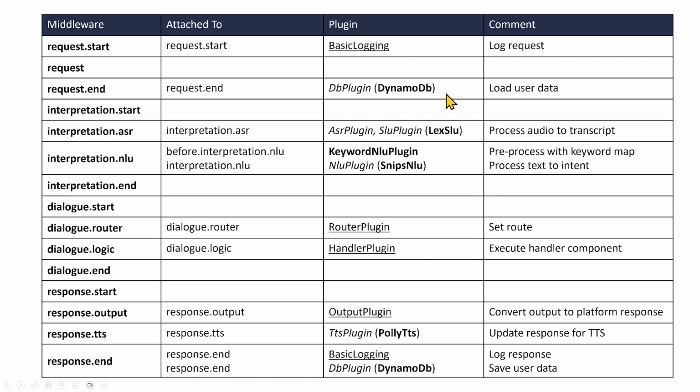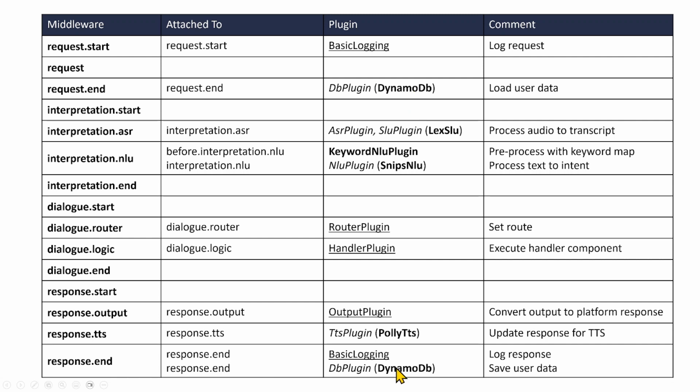Now, in order to maintain user information across multiple sessions so that you don't lose information about a user, there's a concept of a database plugin. One example of that is the DynamoDB plugin, and it listens for request.end. At that point, it uses the user ID that was passed and loads the user data from, in this case, DynamoDB.